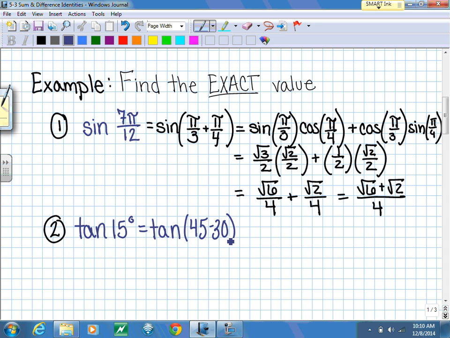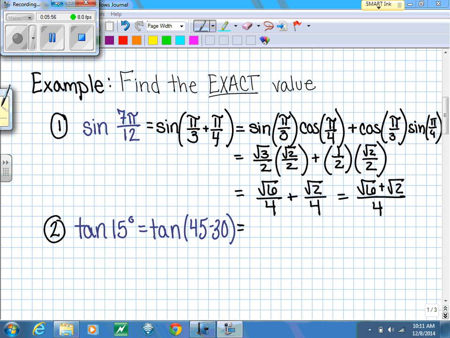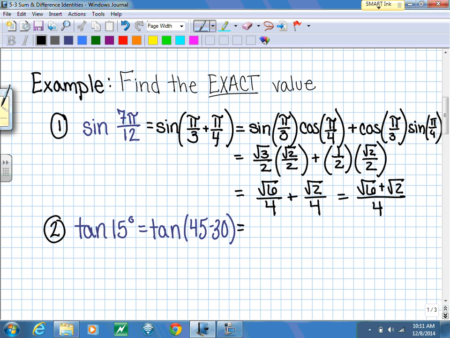So using my formula that I have now, I'm going to be taking the tangent of the first value, which is 45 degrees, and then we're going to be subtracting the tangent of the second value, which is going to give us 30.